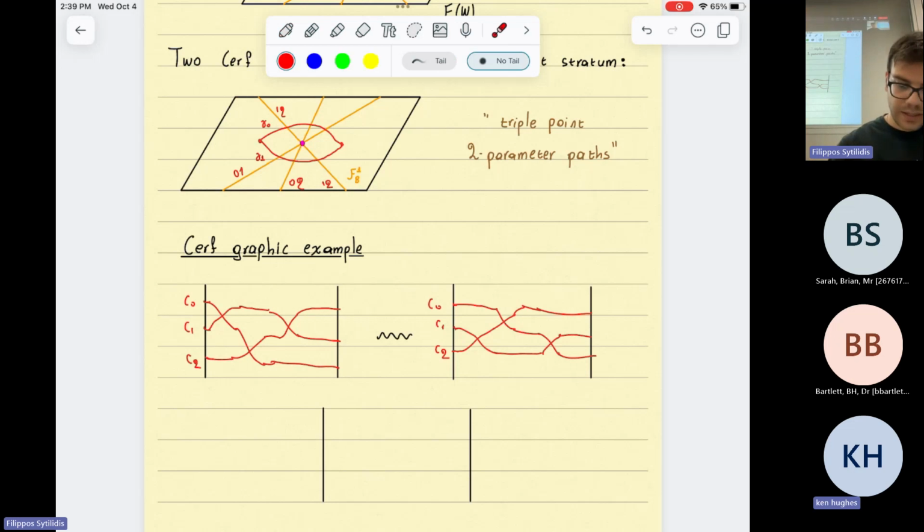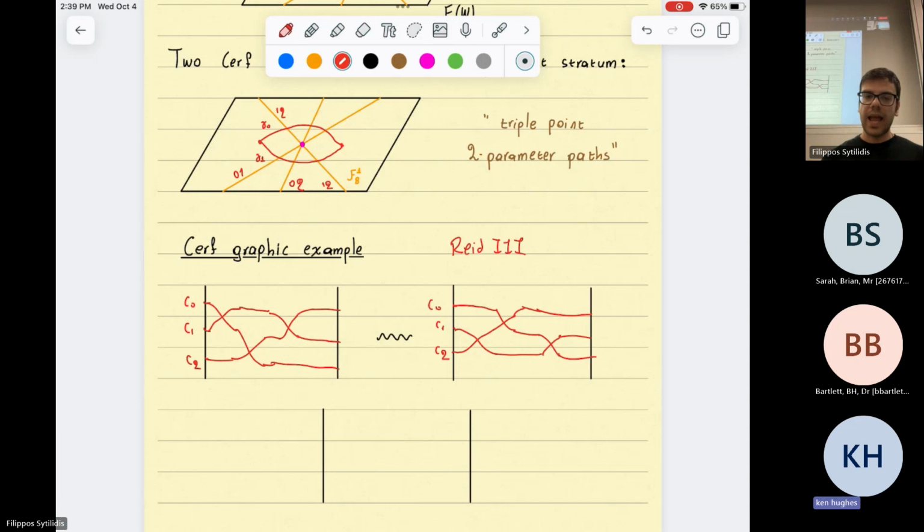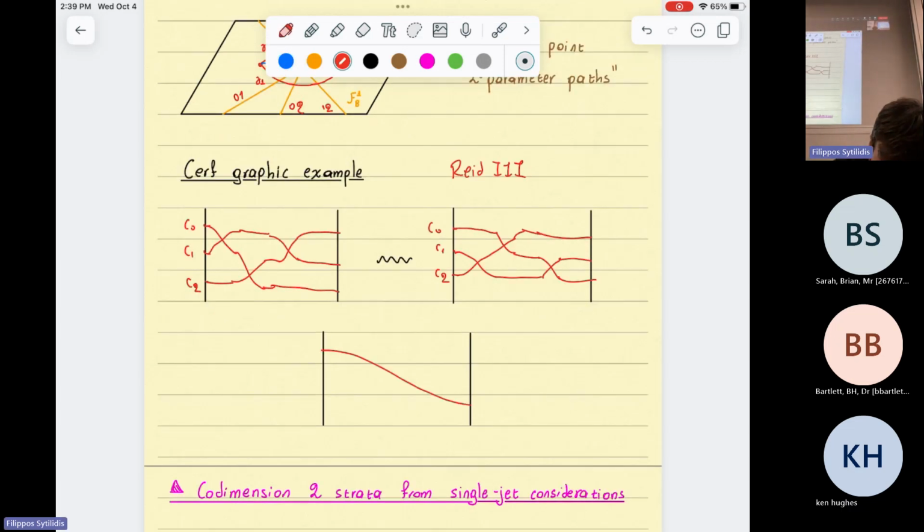Okay, so basically this codimension 2 strata gives rise to a move between Surf graphics of this form, which is just the Reidemeister theory move. If I were to draw the intermediate path, it would basically be something like this. So I would have a triple crossing.